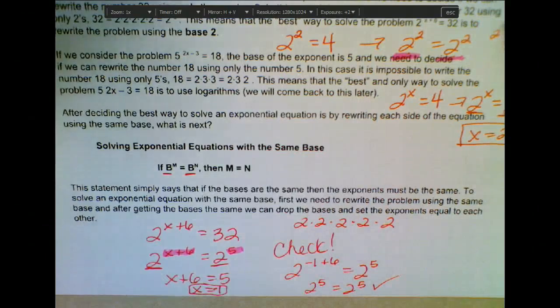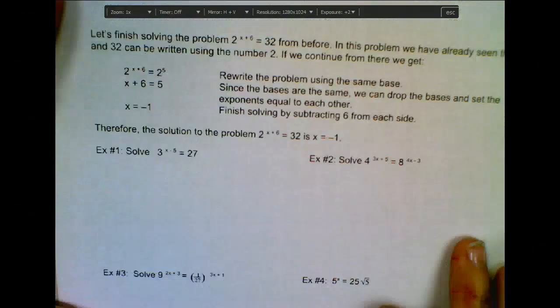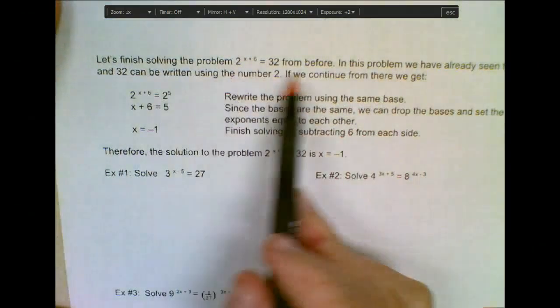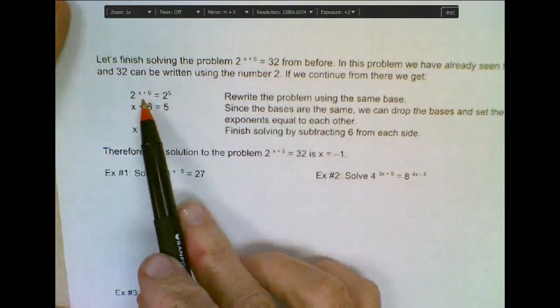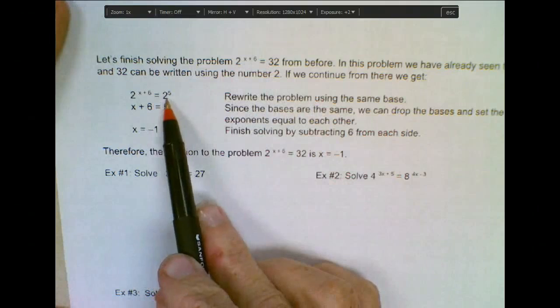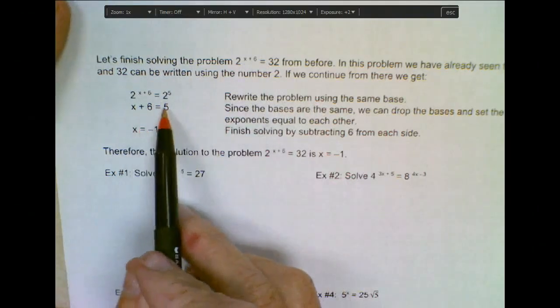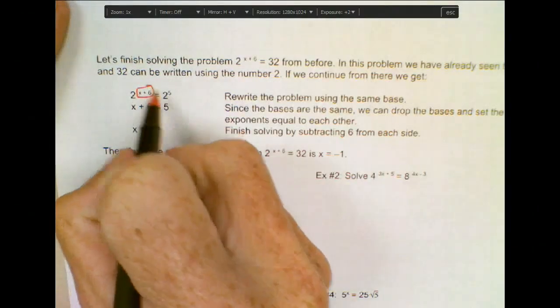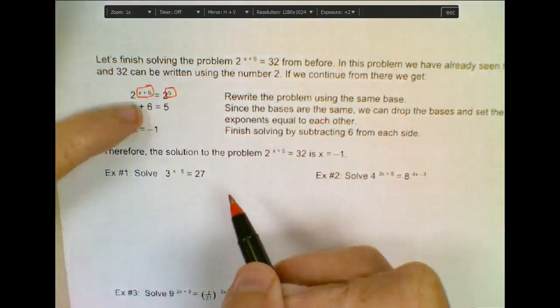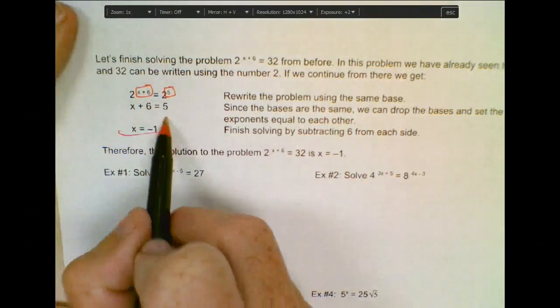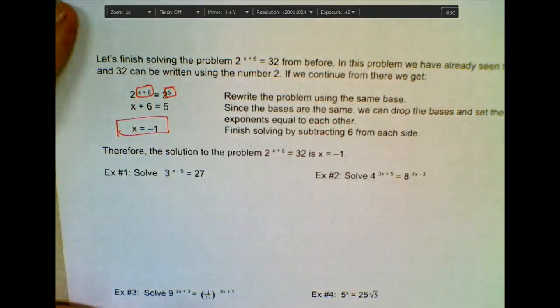Same base is a big concept, so if you have questions on it, you need to let me know. Okay, so here's our problem that we just did. We changed that 32 to 2 to the 5th. Then we can set them equal to one another. Now we have these, x plus 6 and 5, that we can set equal to one another and solve. And you do indeed get x equals -1, and we already checked that, so we already know that it's true.